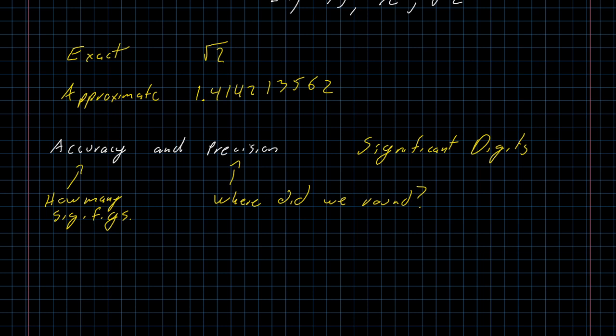All right, so in this value, 1.4142135562, there are 1, 2, 3, 4, 5, 6, 7, 8, 9, 10 significant figures. The least place, the place where we rounded, and that's another thing that's important.